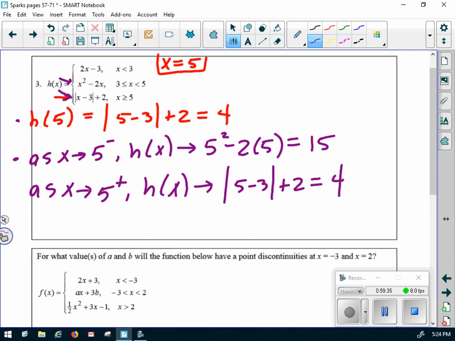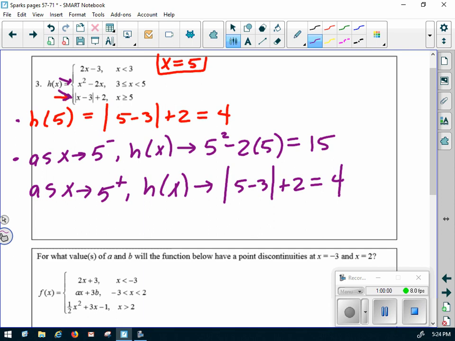So, is the function continuous at x equals 5? No, because as x approaches 5 from the left and from the right, the y values approach different numbers. So they don't even connect. The two pieces do not connect. Therefore, the function is discontinuous and you have a jump discontinuity.